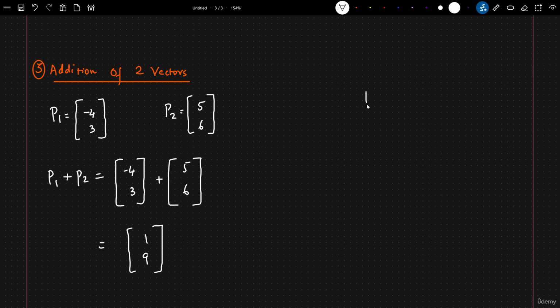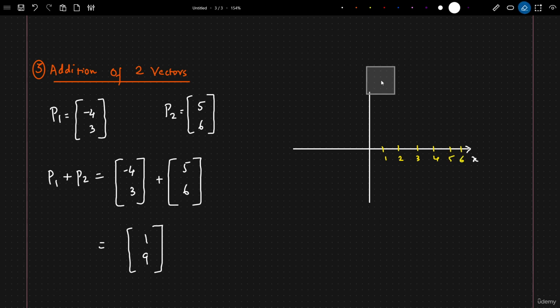What does this look like? Since this is 2 dimensions, I'm going to make this coordinate system of x and y. So here I have 1, 2, 3, 4, 5, 6. Now in y I have to go till 9, so let me keep this line longer, and here I'm going to write 1, 2, 3, 4, 6.